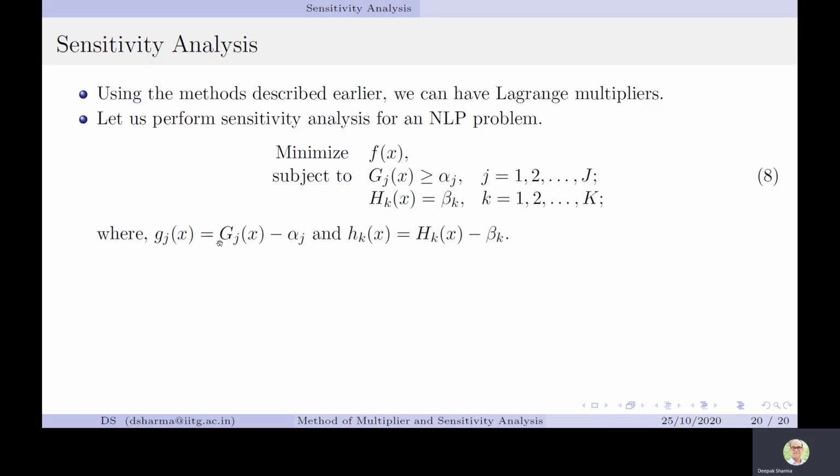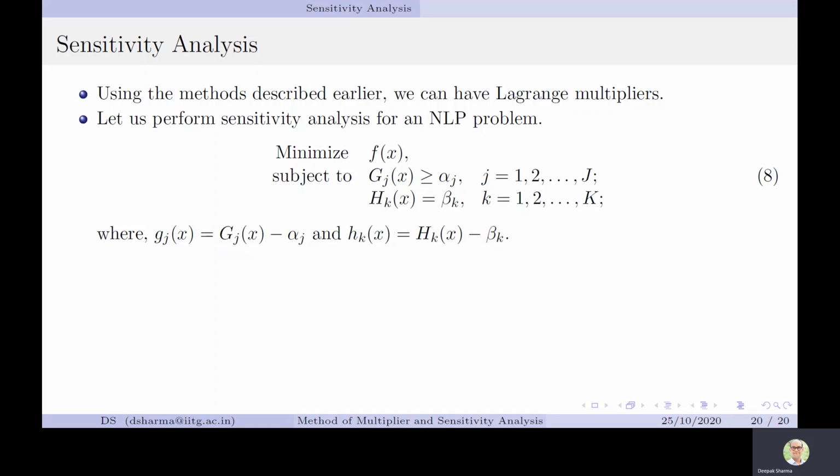So how do we get it? We take this alpha j to the right hand side, so we get this constant on the right hand side. Similarly for the equality constraints. Since we have now written the constraints with the constant term on the right hand side, we can correlate this with our LPP.